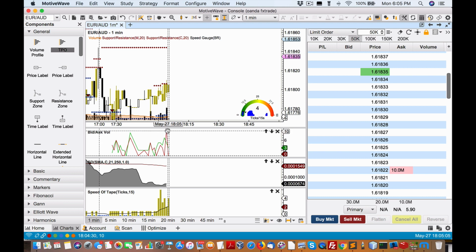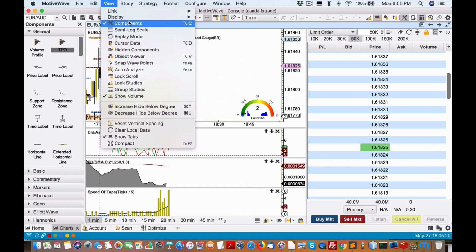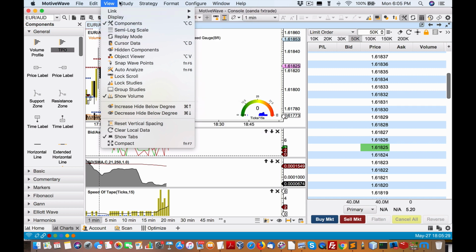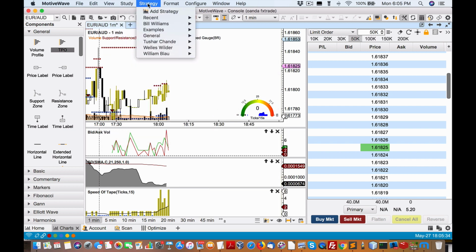So the asks drop down the price. Wow. Let me see what else we can take a look at. Show analysis, alert window, trade panel. We're not using that. But there's so many things you can add in here.